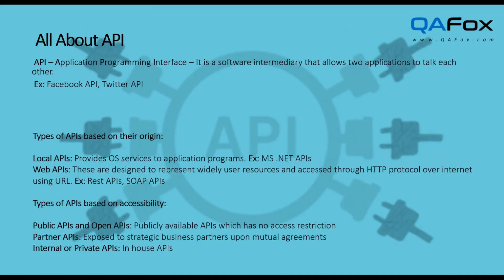So here are the types of APIs based on accessibility. This you can understand easily. These are the public or open APIs. Public means publicly available to the outside world. As I said, there is the Facebook API.